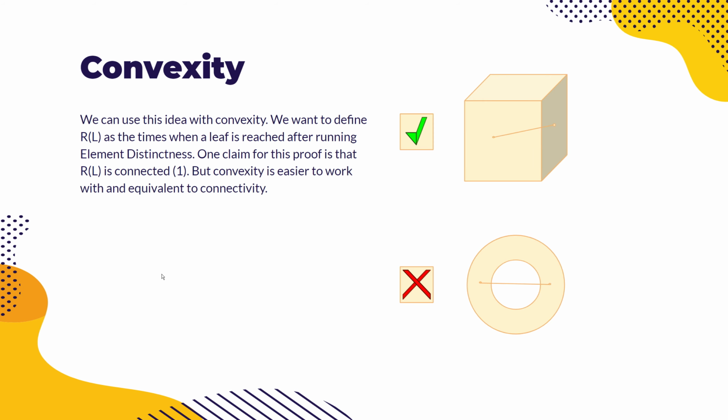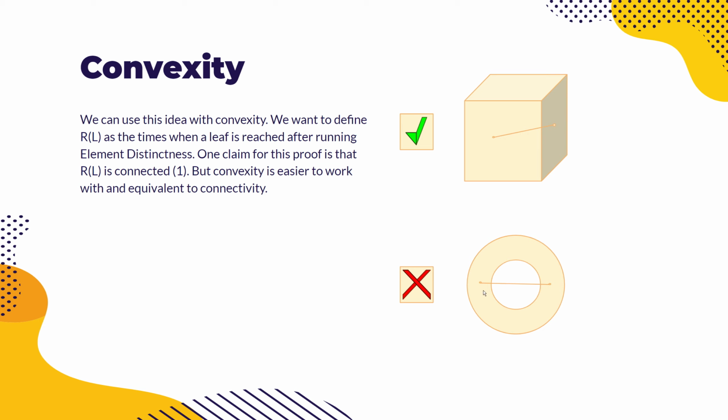So in claim 1, we will be using convexity, and convexity is the idea of an object such that 2 points on any part of that object will have a straight line connecting the 2 points. So on this cube, you can see the 2 points here, and there's a straight line going between those 2 points, and that straight line does not leave the object, and thus the object is convex.